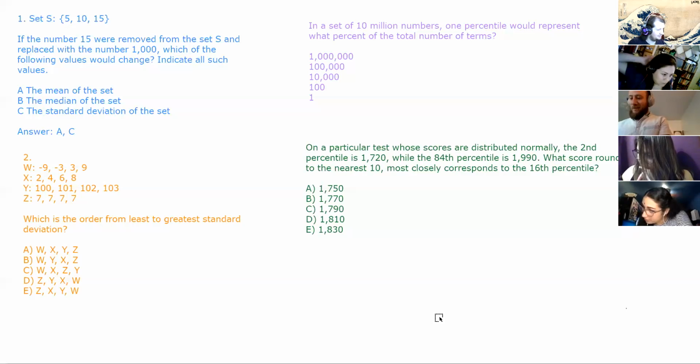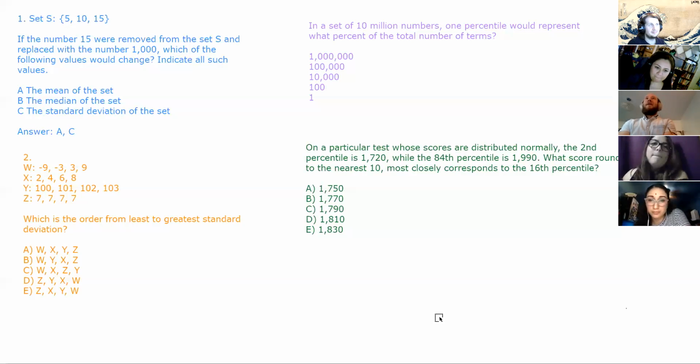On a particular test, scores are distributed normally. The second percentile is, so I'm going to put second. Wait, so can I ask a clarification? When you have a percentile, does that mean the second percentile is 1720?